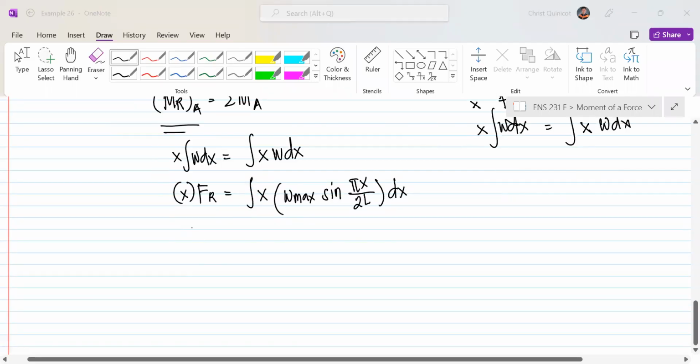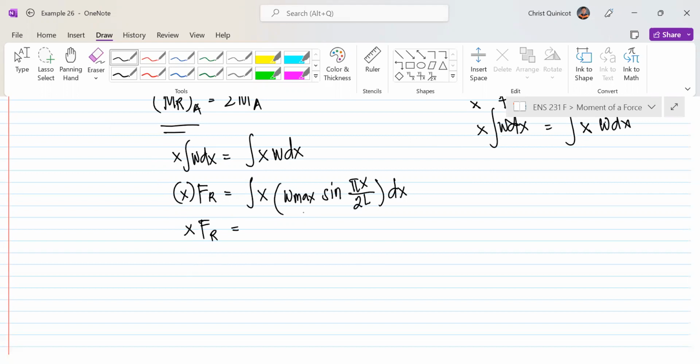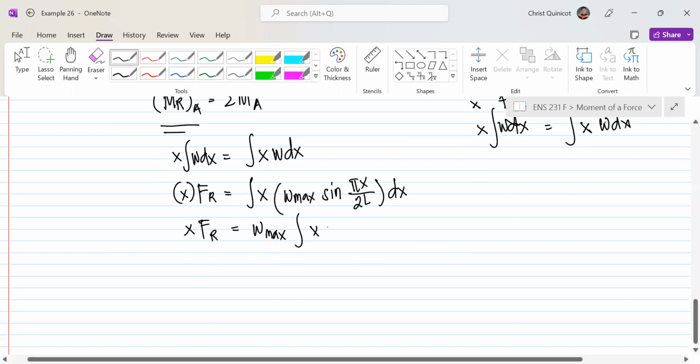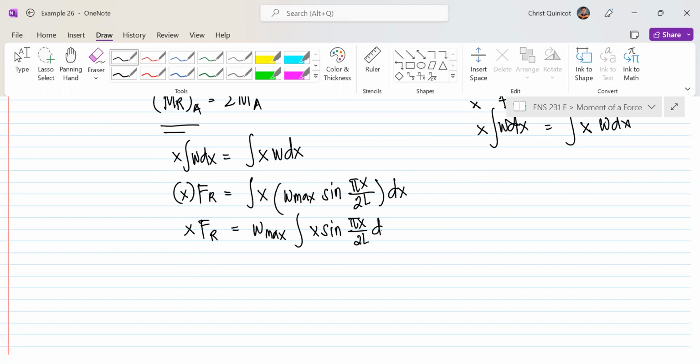This is equal to x bar F sub R. We know that w sub max is constant, so we bring out w sub max, and we are left with the integral of x sine pi x over 2L dx.